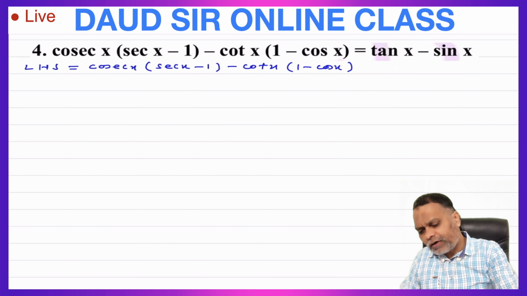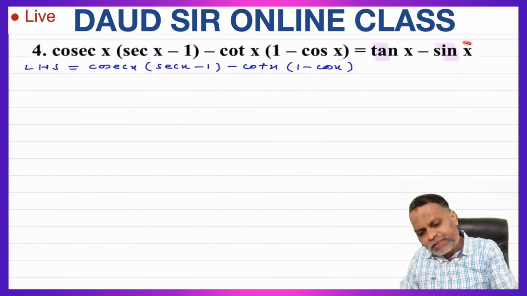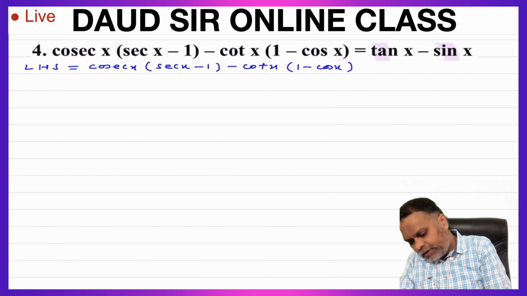So here cosec x, sec x, cot x and cos x. So we can convert them into sin cos. Again, by converting them into sin cos, easily we can get this tan x minus sin x. So cosec x can be written 1 upon sin x. This is the reciprocal of sin.